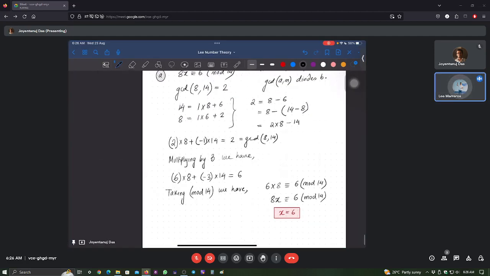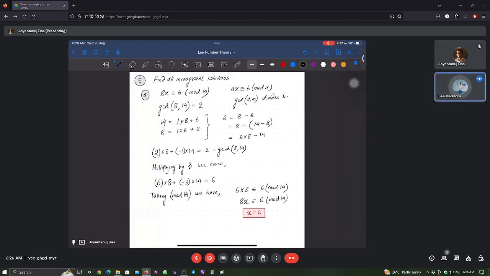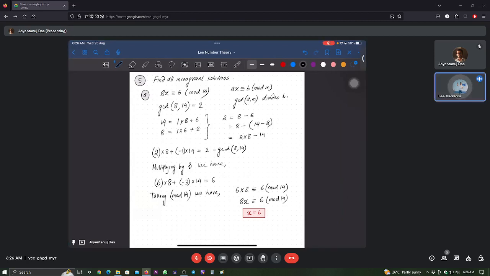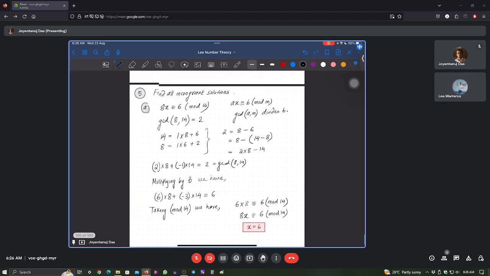We need to apply the formula. Do you recall it? x is equal to x0 plus k times m by g.